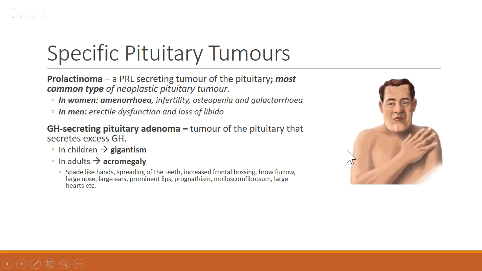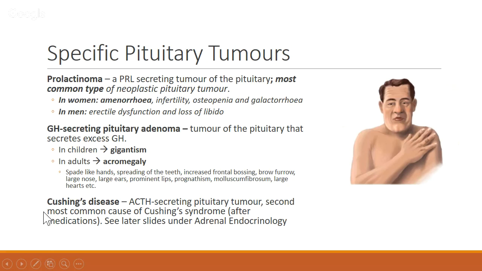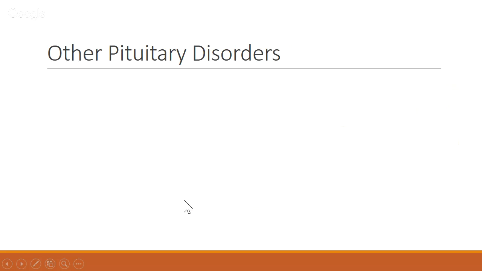This is a photo of a person with acromegaly, so it's just big everything: big hands, big nose, big ears, big face. Then you can get Cushing's disease as well. Cushing's disease is an ACTH secreting pituitary tumor, and it's a cause of Cushing's syndrome. There's a distinction between Cushing's disease and Cushing's syndrome, and I'll cover more about this later.